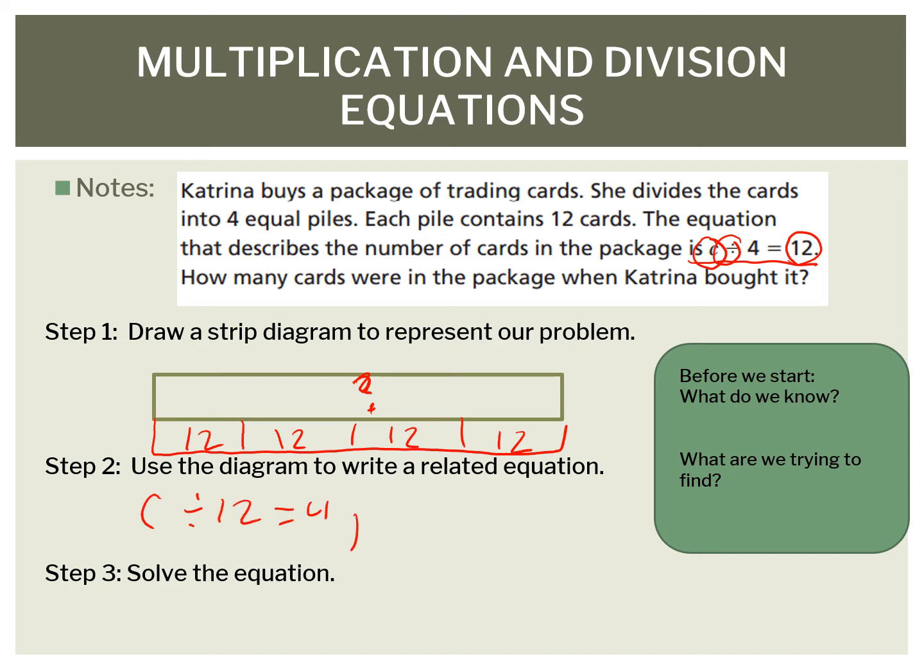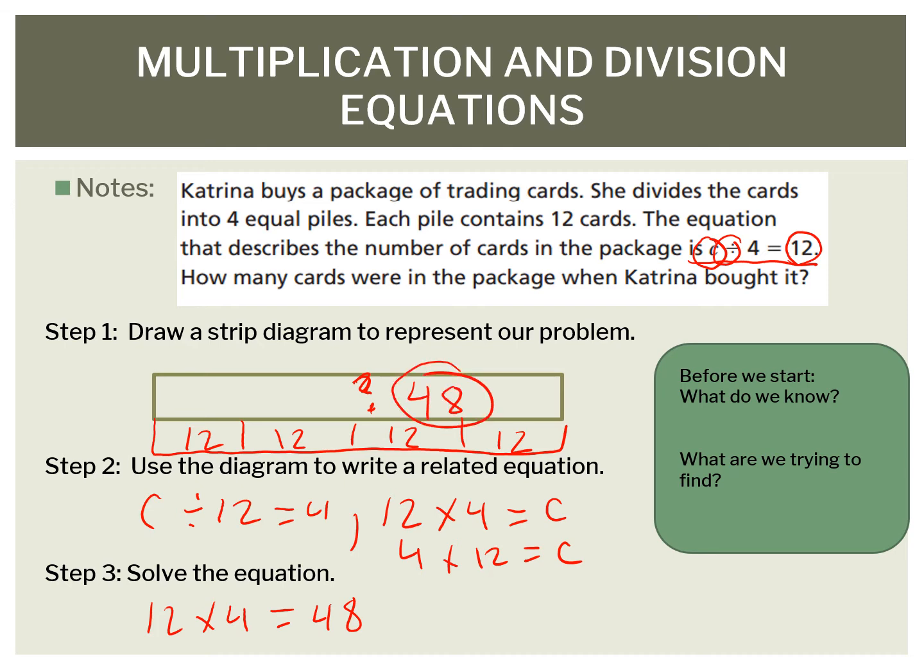And then from that we can say the opposite is 12 times 4 equals C, or 4 times 12 equals C. And then we can solve that. 12 times 4 equals 48. So the number of cards was 48 cards. All right. So far, so good. We're going back to that second grade fact family stuff.